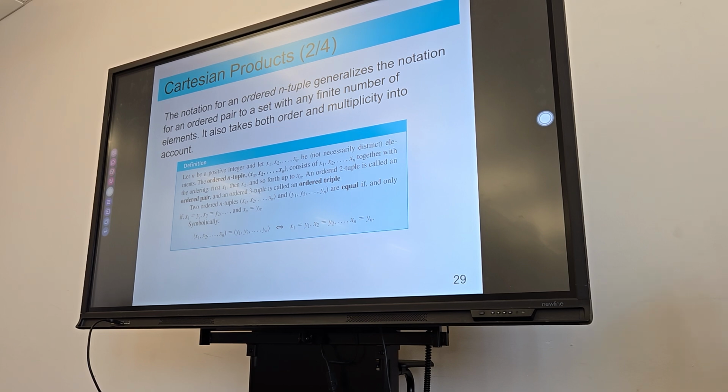So if (x1, x2, x3, and so forth to xn) equals (y1, y2, y3 to yn), this implies that x1 equals y1, x2 equals y2, and so forth, xn equals yn.